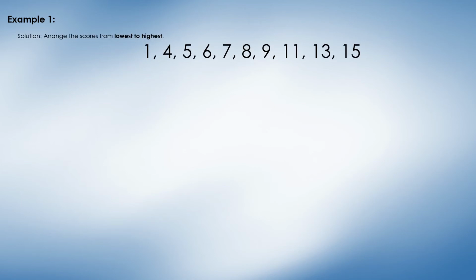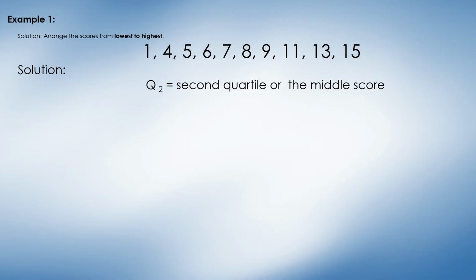Let us now move on to find the second quartile. Again, we have here the arrangement of the given data from lowest to highest. The second quartile is the middle score. The first thing that you need to know is the value of n, and again the value of n is 10. 1, 2, 3, 4, 5, 6, 7, 8, 9, 10.